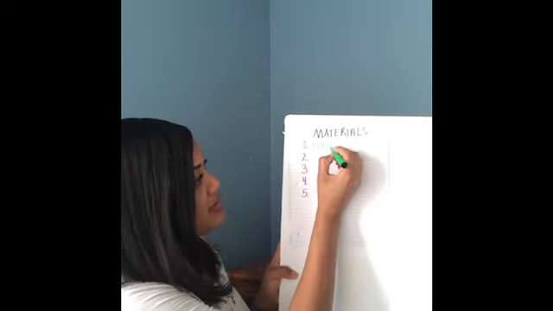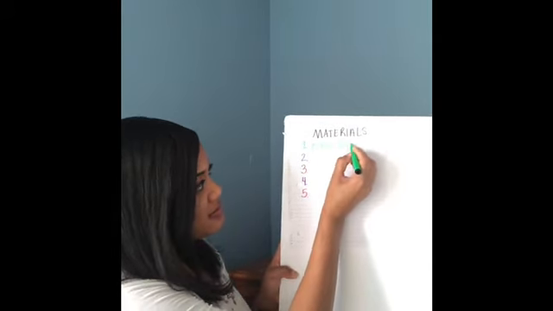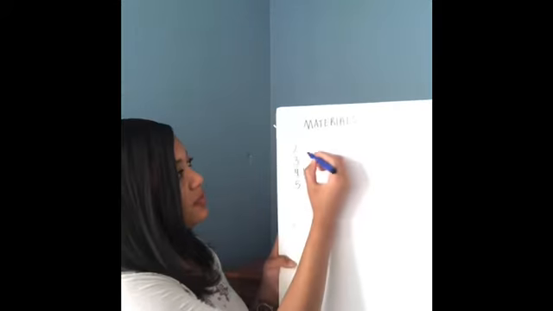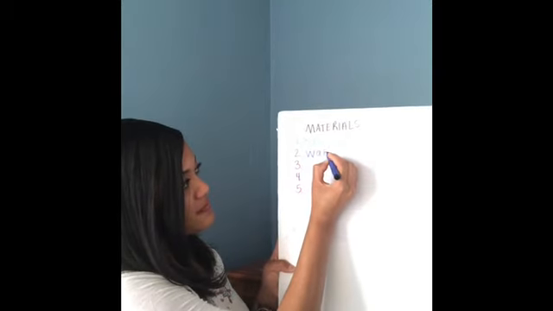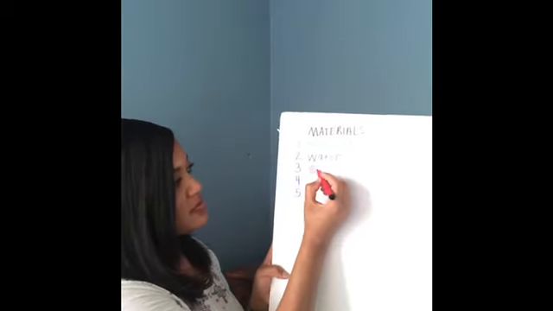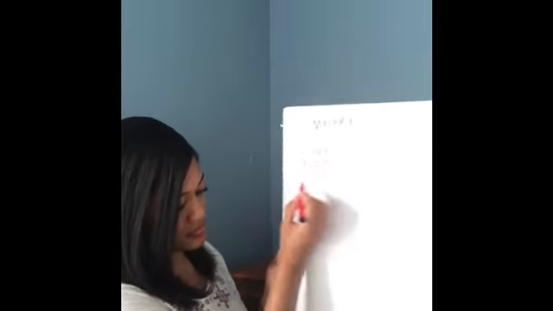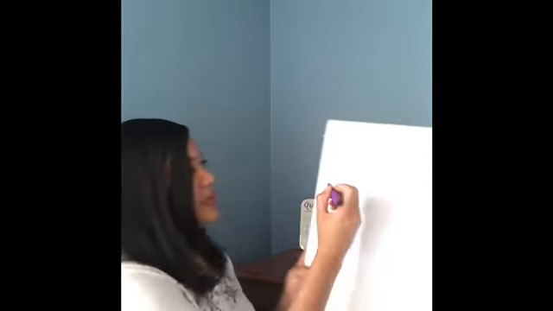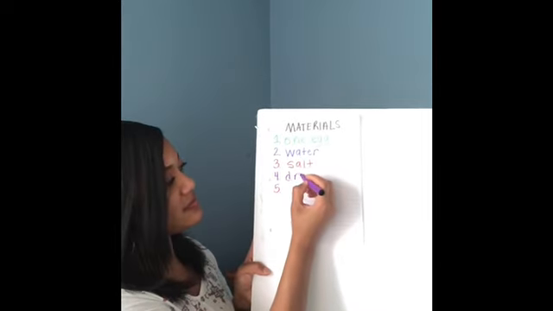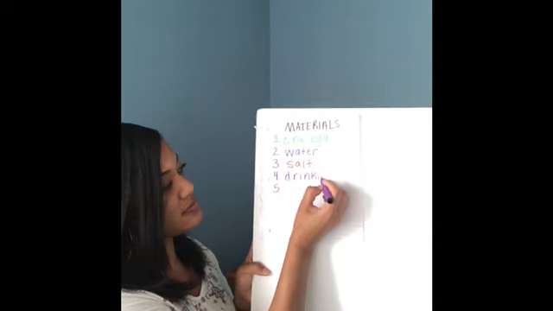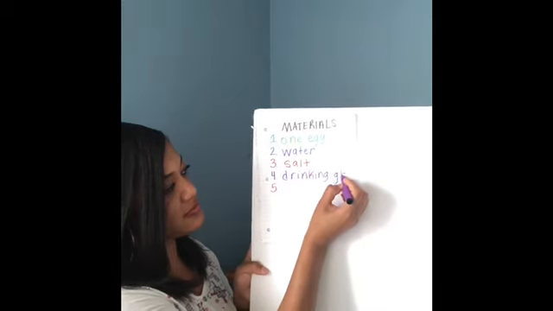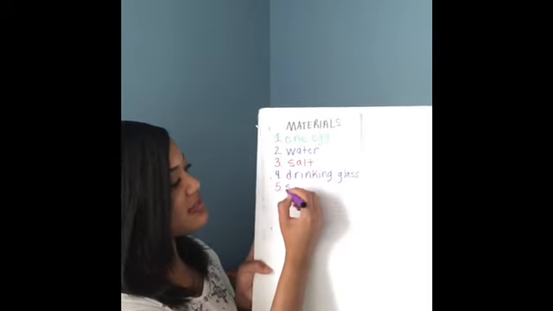So we're going to need 1 egg, water, salt, a drinking glass, and a spoon.